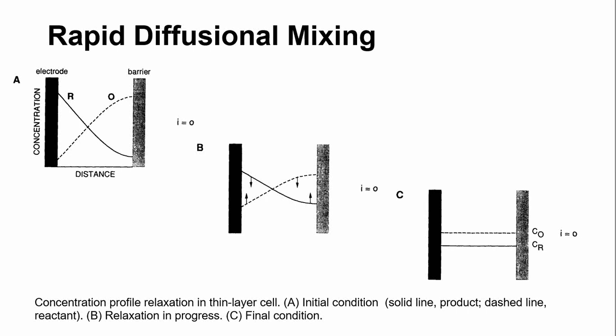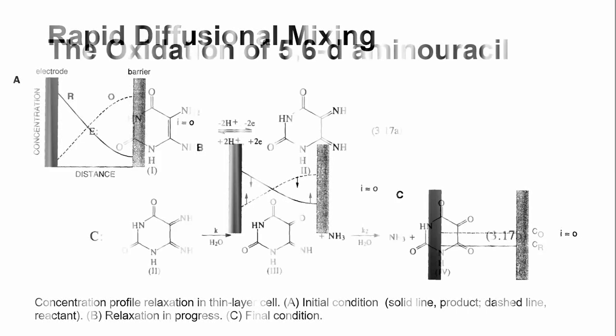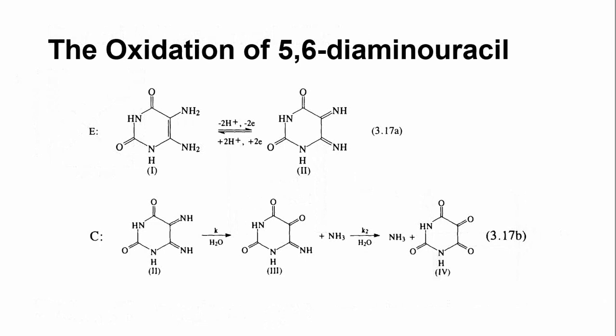Now due to this speed, we can use the same technique to measure intermediates. An example of such reactions is the oxidation of 5,6-diamino uracil, in which an intermediate is generated electrochemically, and then spectroelectrochemistry is used to determine the rate constant for this electrogenerated intermediate.